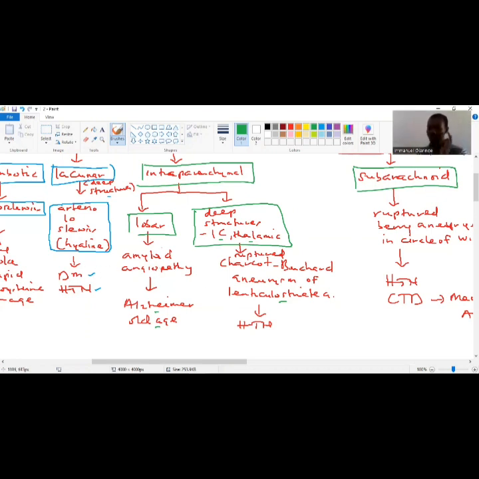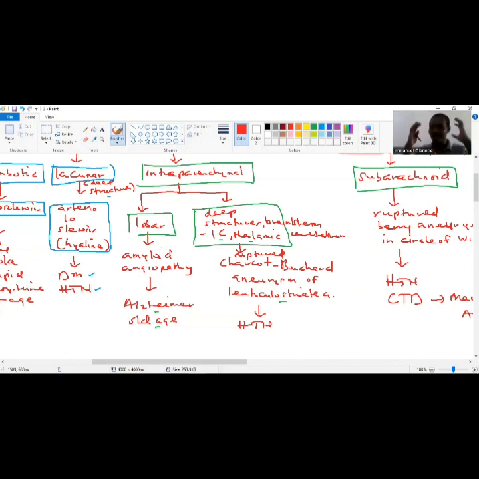So deep structure hemorrhage: ruptured Charcot-Bouchard aneurysm. Lobar: amyloid angiopathy. I'll probably also put brainstem here as well. So deep brain structures and brainstem, like pontine hemorrhage, medulla hemorrhage, and cerebellum. In a patient with chronic hypertension, the vessels that supply those locations can have Charcot-Bouchard aneurysms, which can rupture and lead to hemorrhagic stroke of the brainstem, deep brain, cerebellum, and so on.